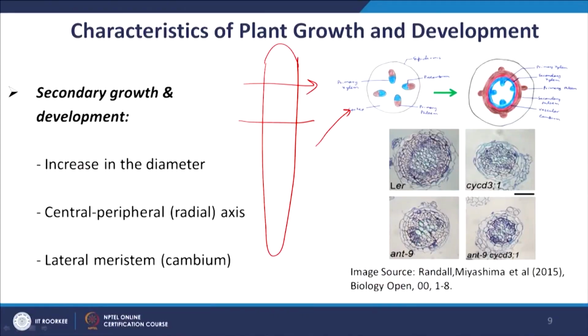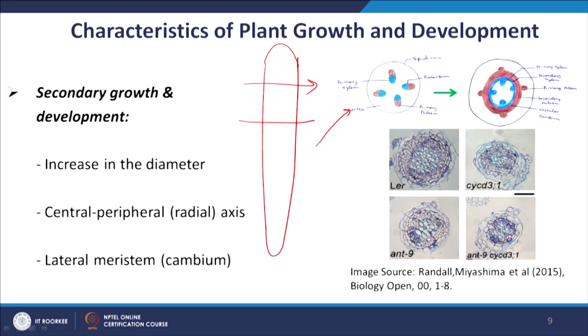Then these procambium cells, which are actually lateral meristem, get activated, and once activated, they start making a ring like this, and then start producing secondary phloem and secondary xylem. These secondary phloem and secondary xylem are radial in nature, and they are responsible for thickening of the stem. So, this process is absolutely important.